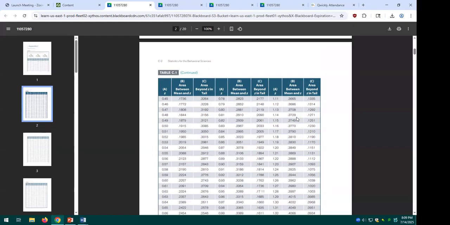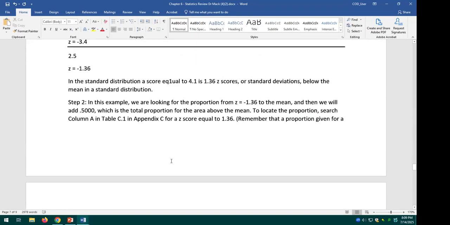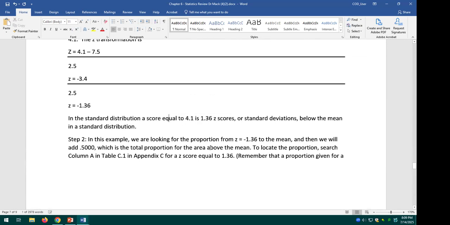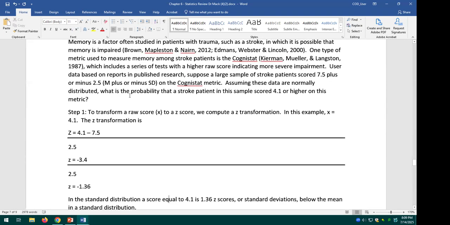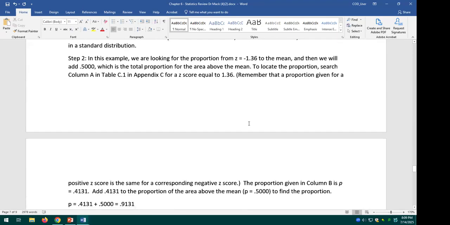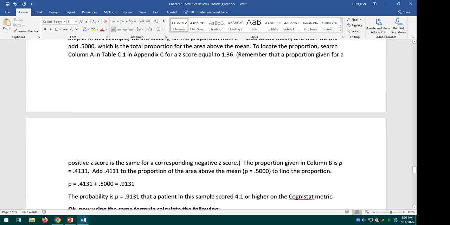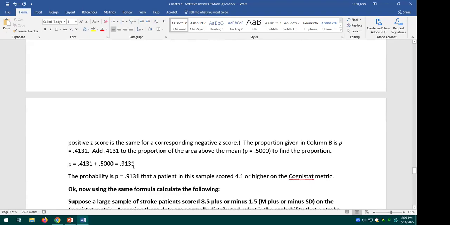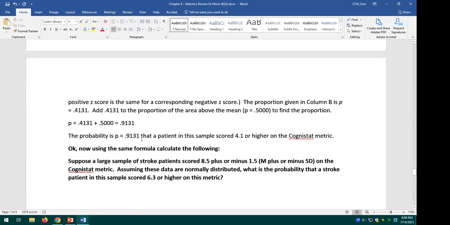That's why it's a plus 0.5000, because it says right in here, or higher. So we're saying it was here or higher. That's why we have to add it, because we're accounting for the rest of underneath the curve. So we add the 0.4131 to 0.5000, we get 0.9131. The probability is 0.9131 that a patient in this sample scored 4.1 or higher on the COD metric.